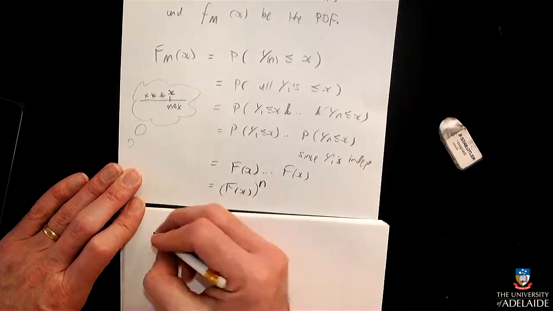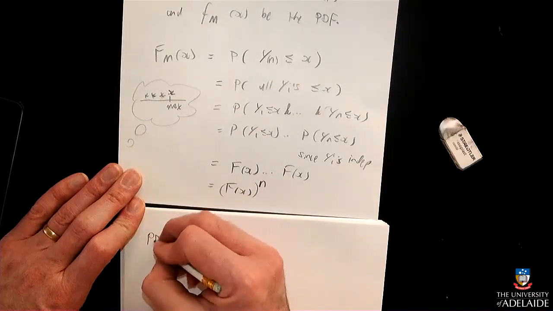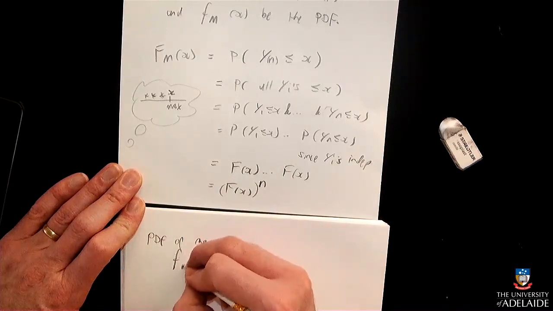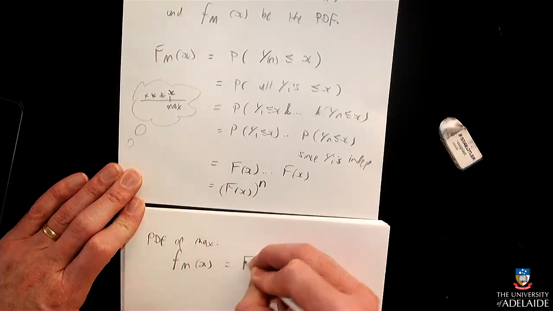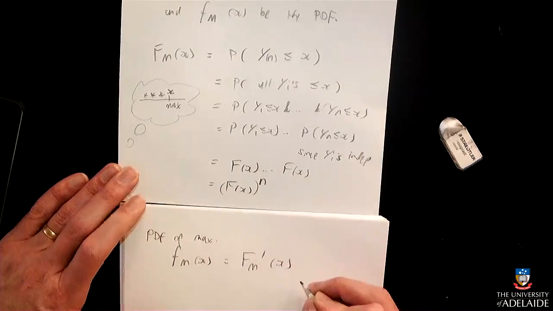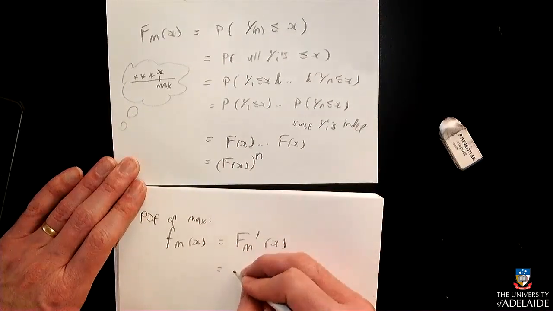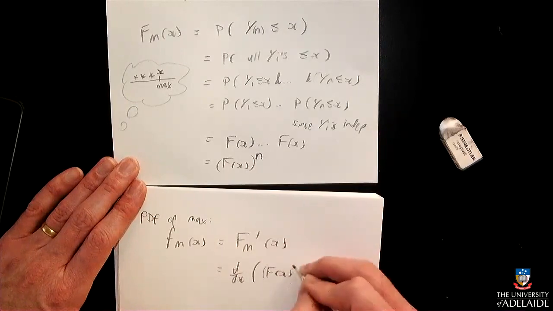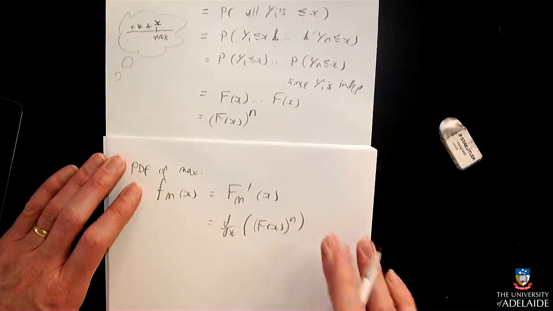Okay, and so therefore the PDF of the maximum, little f m of x, is the derivative of big F, just the derivative of that.